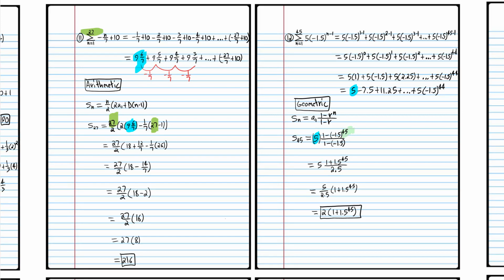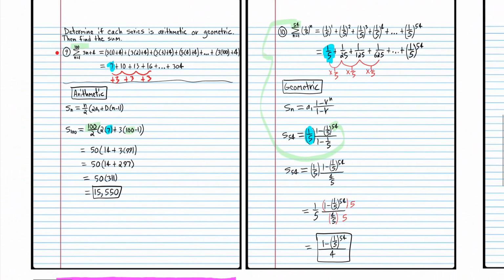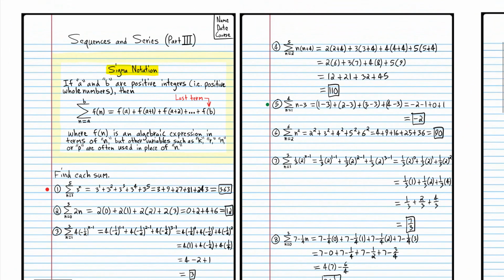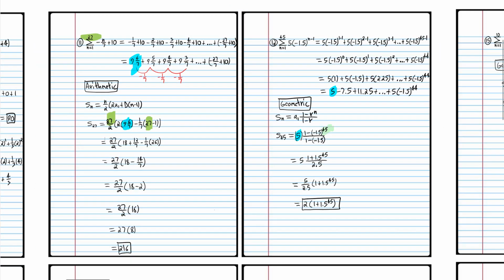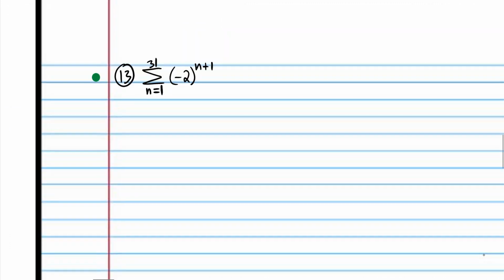Okay, so I want you to get a picture of number 9 and 10 with your phone or a screenshot, and get a picture of 11 and 12, and I want you to try number 13. So try number 13, and when you come back we'll do it together. We don't want to add 31 terms one by one by one, so you're going to use a summation formula.